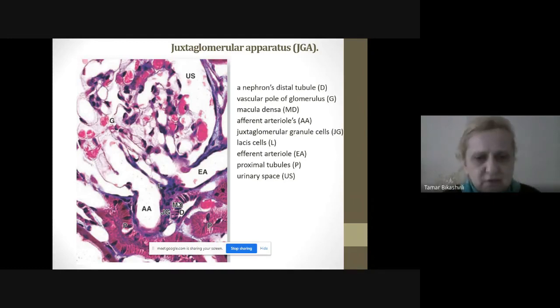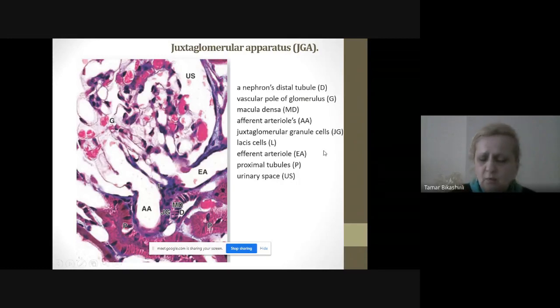They become secretory cells and start secretion of renin, and they contain zymogen granules in the apical part of these cells. So we have modified cuboidal cells and modified smooth muscle cells: the macula densa and juxtaglomerular cells. Juxtaglomerular cells are modified smooth muscle cells of the afferent arterioles, and together they form the juxtaglomerular apparatus.